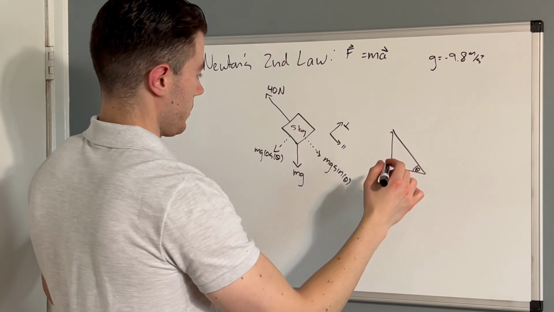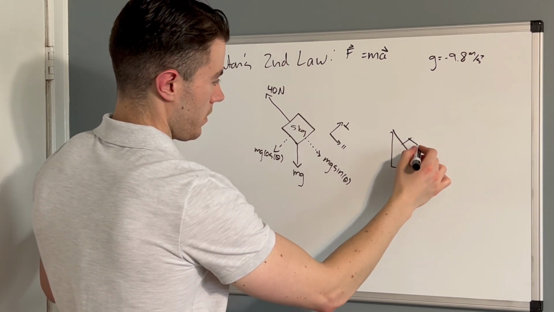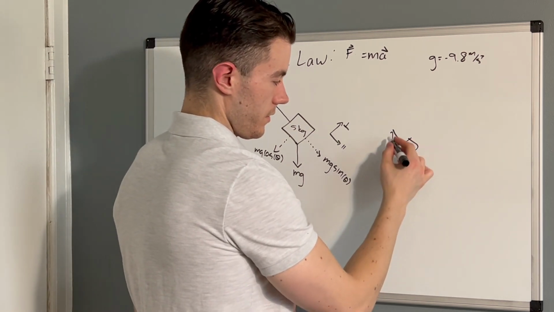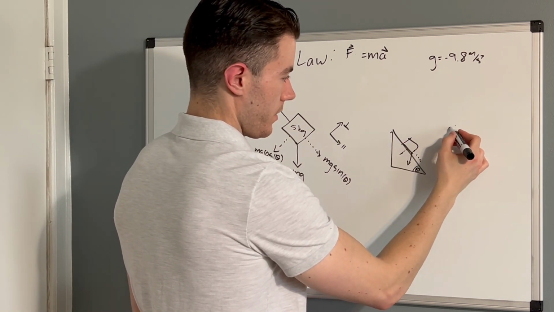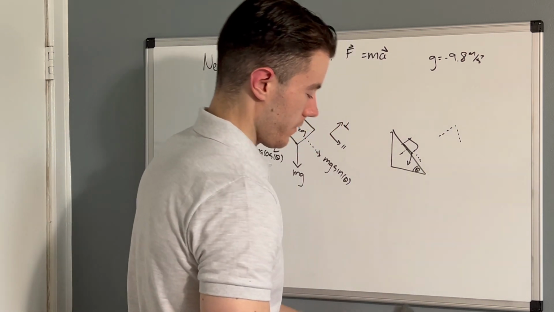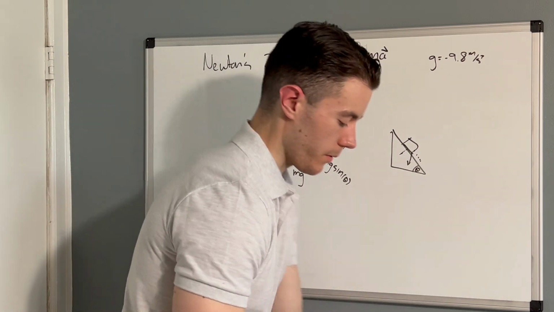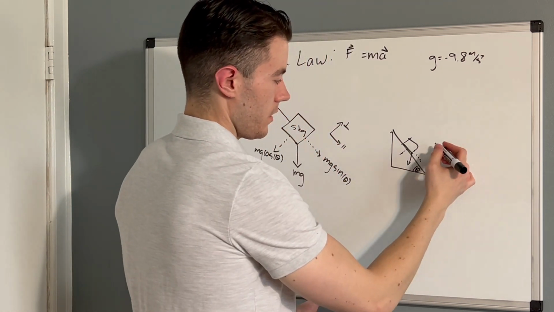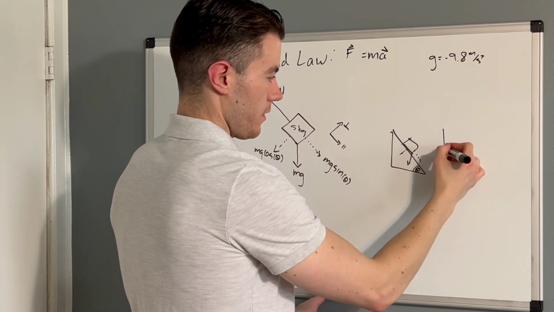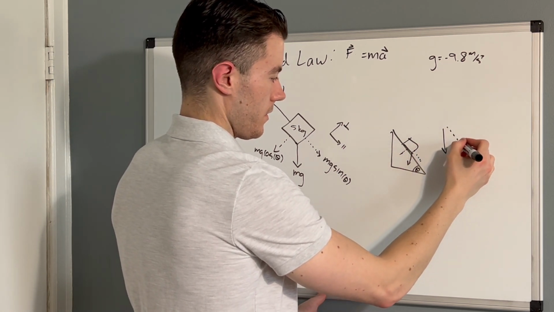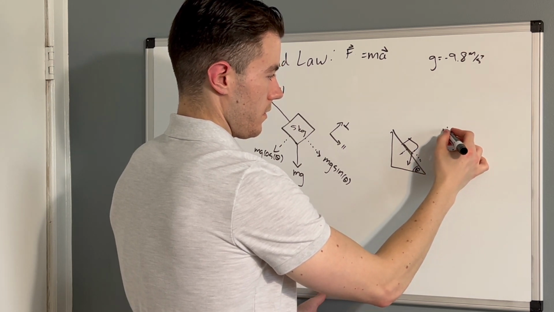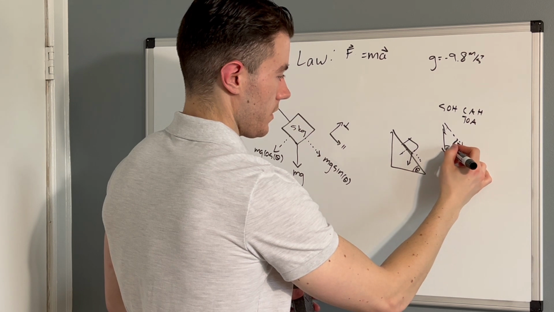Okay, here's theta. It's our box. Here's the main triangle, and then here will be a secondary triangle made up of the gravitational force and its components in both of our dimensions. So if I move this vector here, you'll see that here's theta.